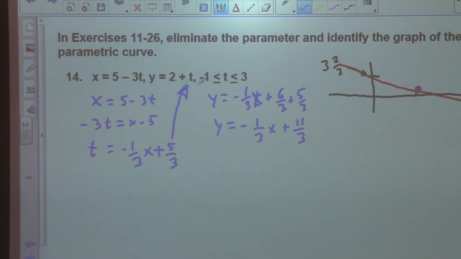And then if we plug in 3, what do we get? Oh, I thought we were plugging in for x, my bad. Well, we're plugging in for t. So you plugged in -1 and you got x equals 8. So here you have t equals -1, x is equal to 8, right? And if we plug in 3, what do we get?